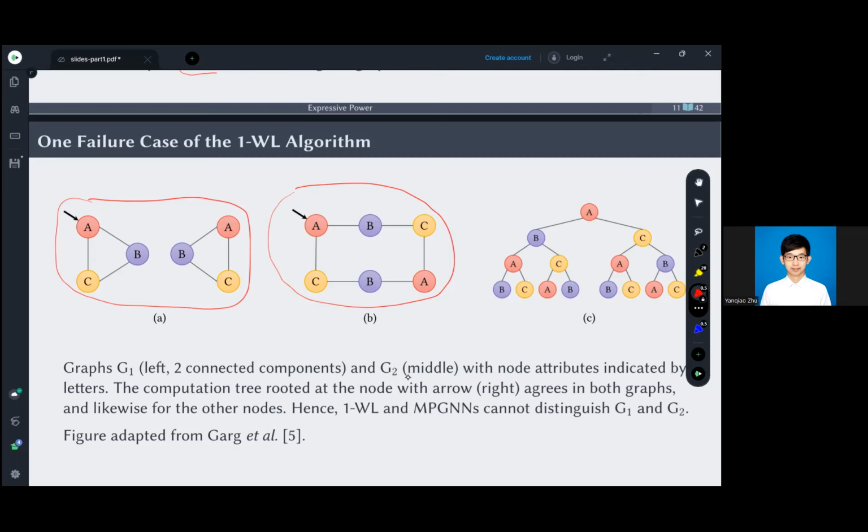But from the two graphs, it's obvious that the input graphs are not isomorphic to each other, right? So this is one case where the Weisfeiler-Lehman algorithm fails, because it can't detect whether two regular graphs are isomorphic to each other.